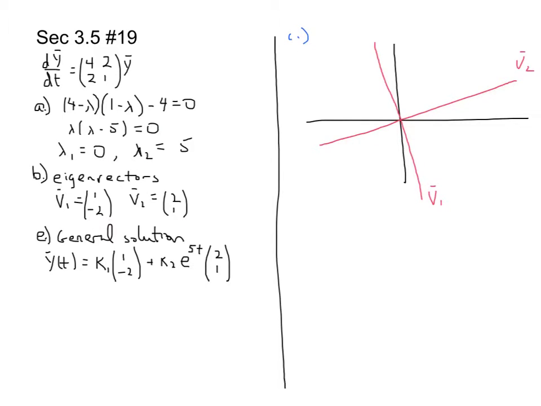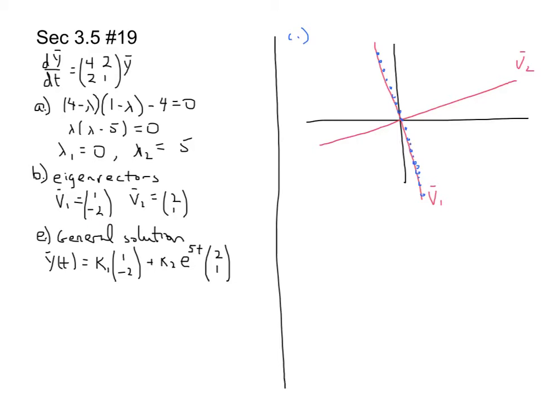The direction corresponding to the 0 eigenvalue, every point on that line is an equilibrium point. And of course, (0, 0) is on that line. (0, 0) is an equilibrium value for every linear system.